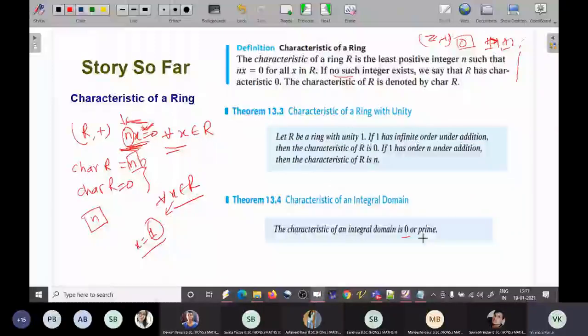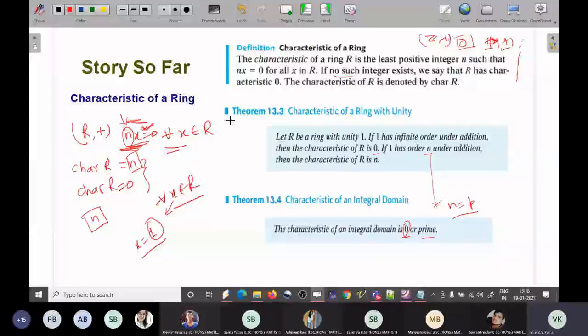Integral domain is also a ring, so 0 is always there. That particular n, we proved, in case of an integral domain has to be a prime p. So this is what we discussed yesterday. Let us move further.